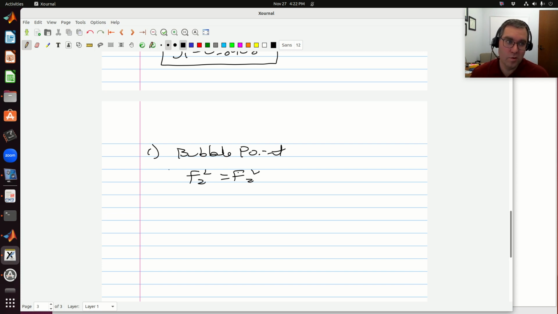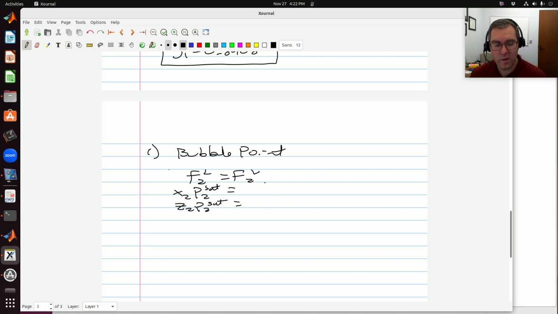Well, choose. Remember we're assuming our system obeys Raoult's law, so the fugacity of component 2 in the liquid is equal to x2 times p2 sat, which in this case is x2 equal to z2 times p2 sat.